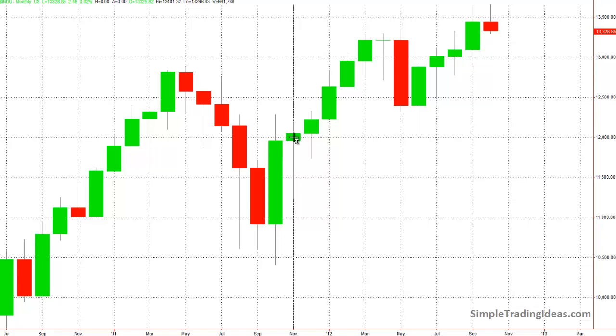Each candle can have either one or two of these vertical lines. Typically we won't see a candle that does not have either. So the vertical lines are called wicks, the candle wicks. Another term used for the vertical lines would be the shadow.